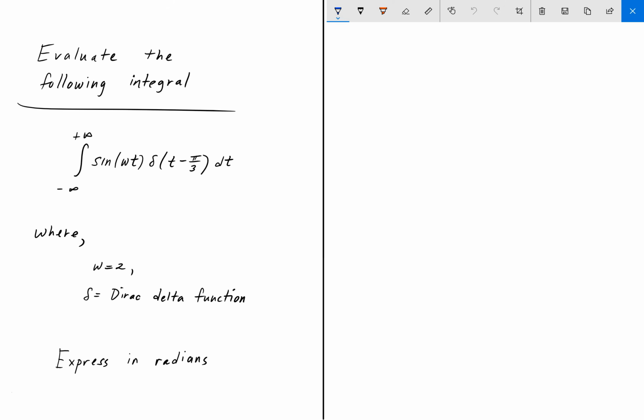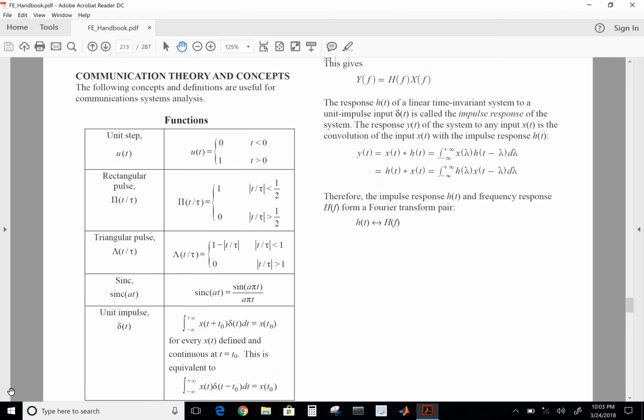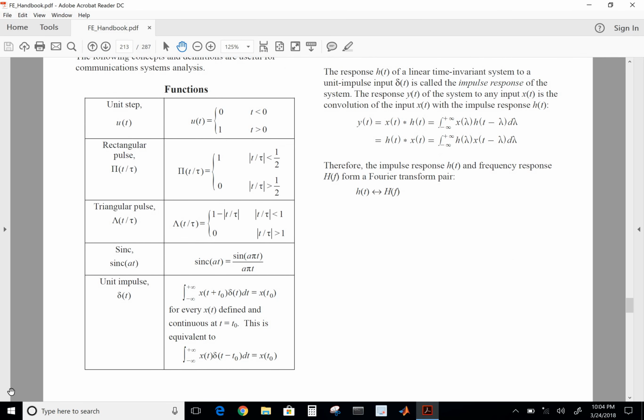So to go ahead and solve this, we turn to our FE handbook. And in the communication theory and concepts section here, we have a bunch of functions. We have the unit step function, the rectangular pulse. All the way at the bottom here, we have the unit impulse. So that's going to be your delta function.